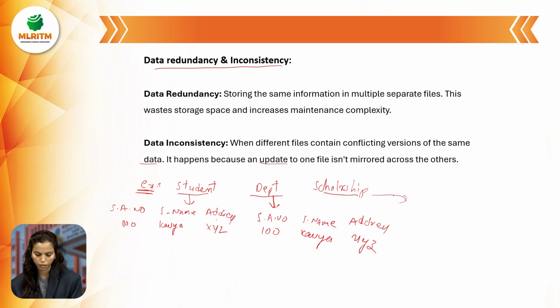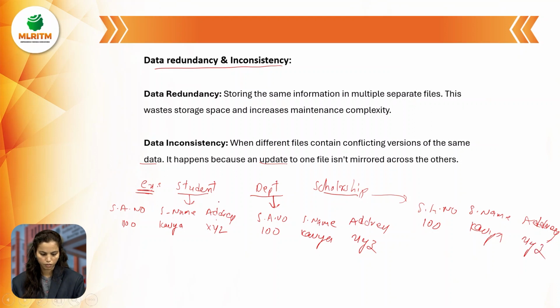In the scholarship department, there is also the same student application number, student name and address: same 100, Kavya, address XYZ. So the same data is stored in different files: one in the administrative office, one in the department, one in the scholarship department. In our college server, a duplication occurs because these 3 records are the same. So this is called data redundancy.